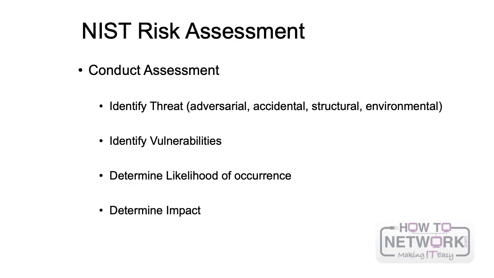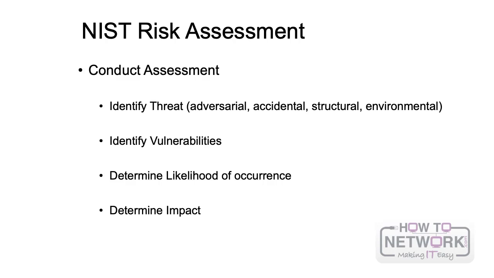But what is the likelihood of these threats actually occurring? It all depends on the vulnerabilities that exist. So in order to be able to determine the impact, you have to identify the vulnerabilities.